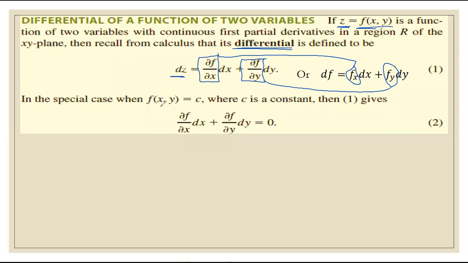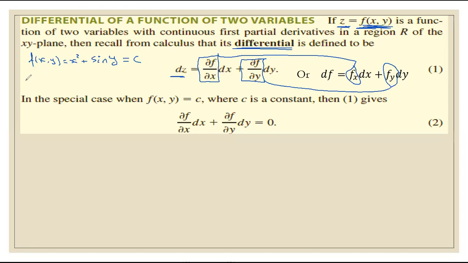Now, look together. If the function f here is x squared, so my f of x, y now is x squared plus maybe sine y, equal to a constant. And now I ask you to find its differential. So I need the differential for both sides.